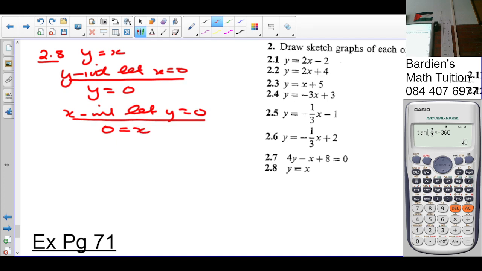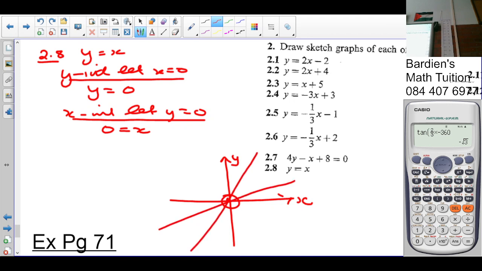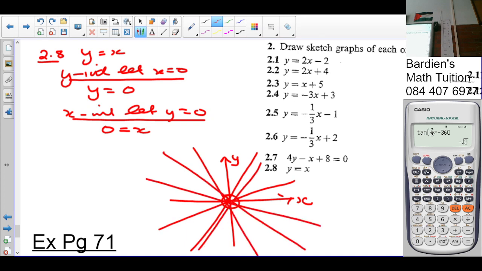So hang on. This graph is going through that point. But that graph could look like that, it could look like this, it could look like that. There's an infinite amount of straight lines going through the origin.